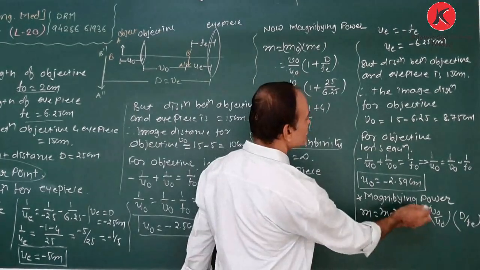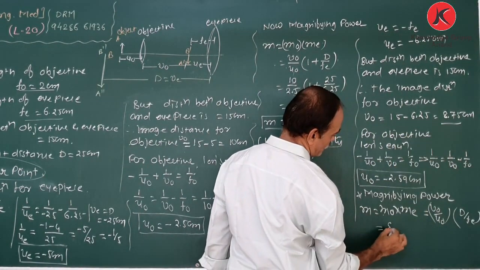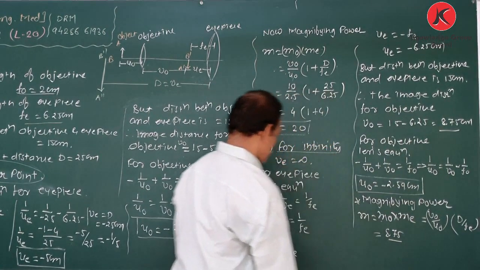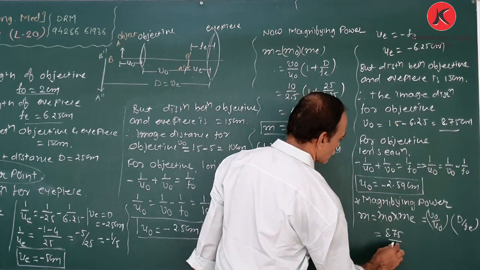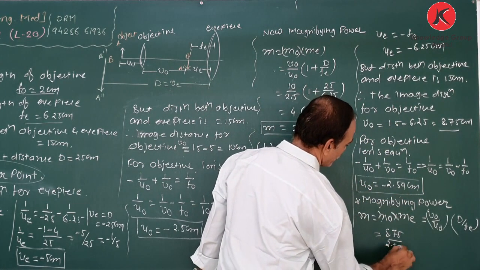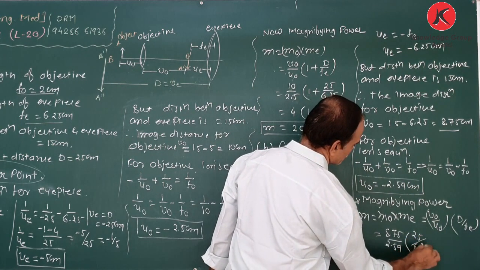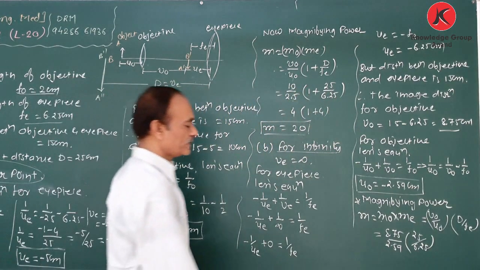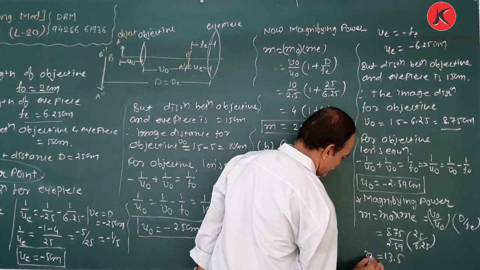So now V0 is 8.75, U0 is minus 2.59, that means 2.59. D is 25, FE is 6.25. Therefore, we obtain the magnification is 13.5.